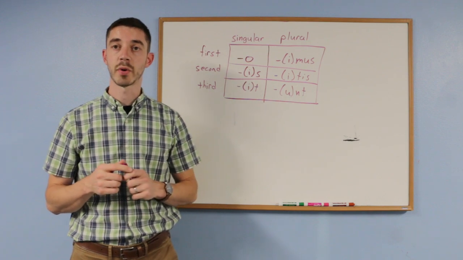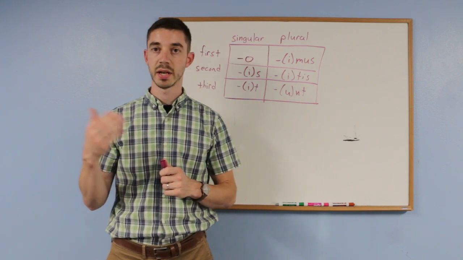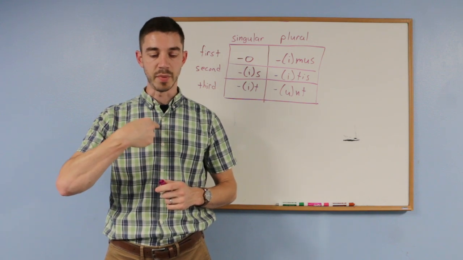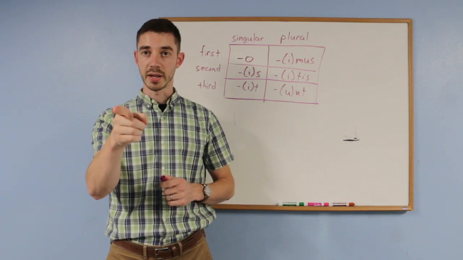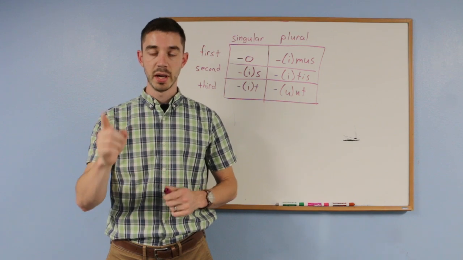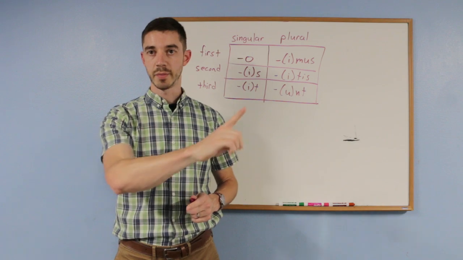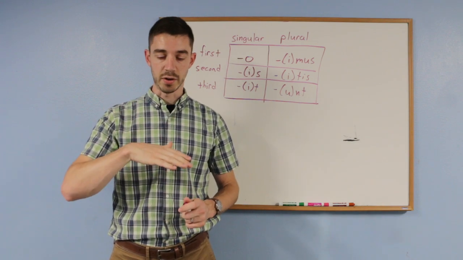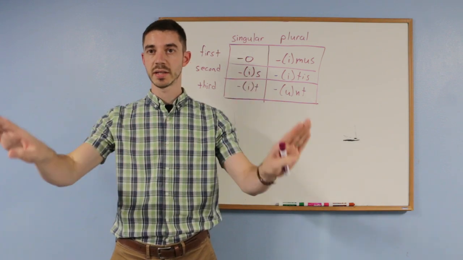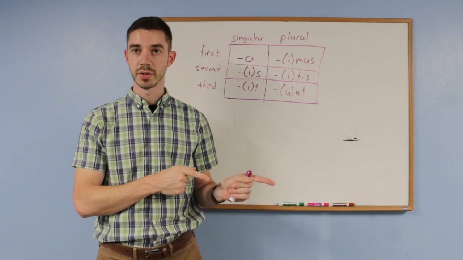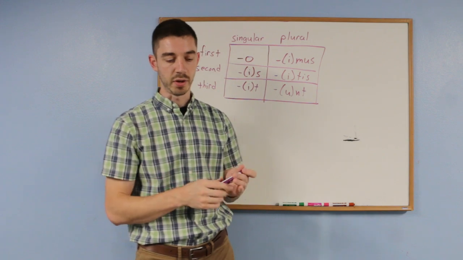So remember, cadit means he, she, or it falls. So if I say cado, that means I fall. Cadis means you fall. Cadit means he, she, or it falls. Cadimus means we fall. Caditus means you all fall. And cadunt means they fall.